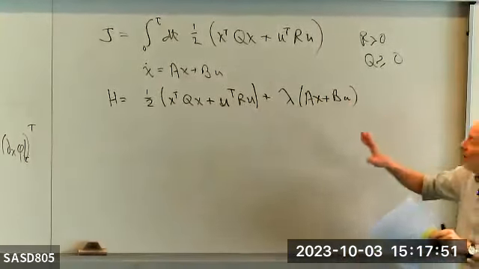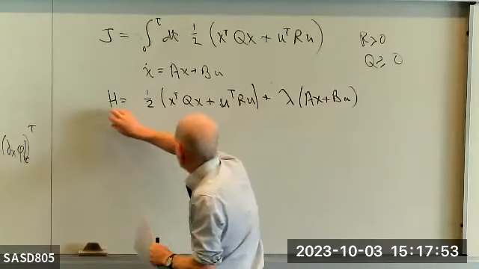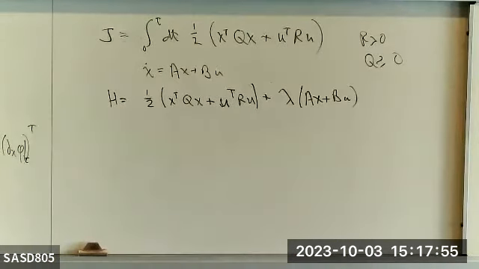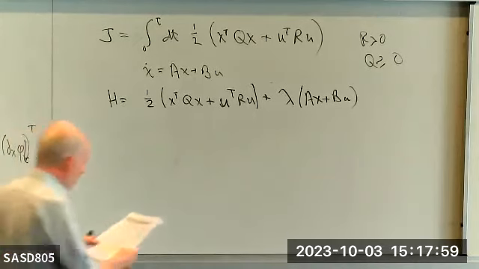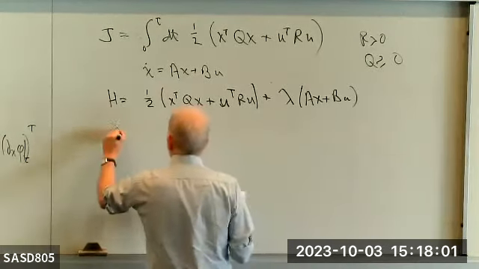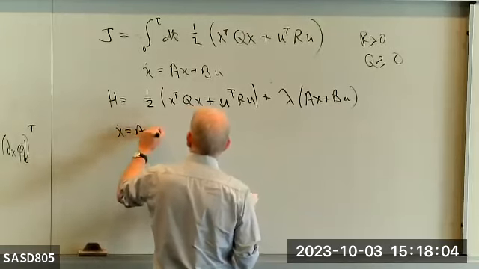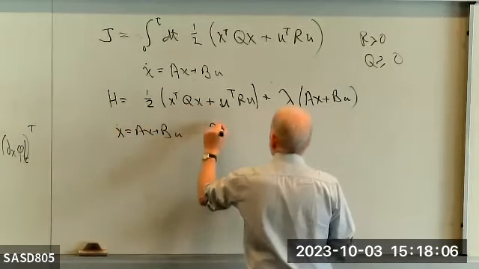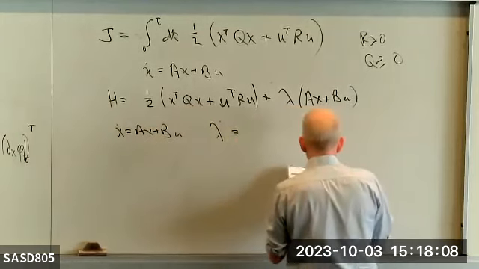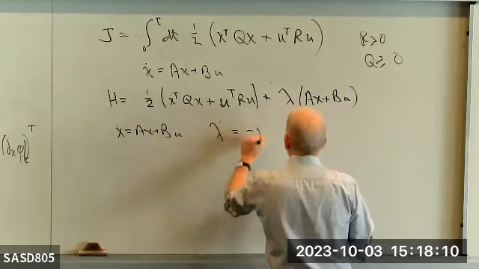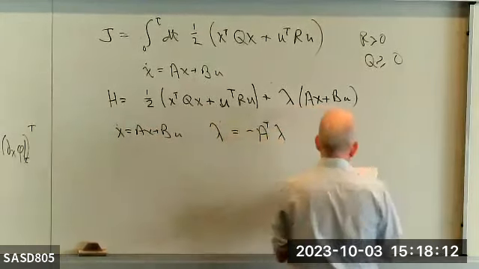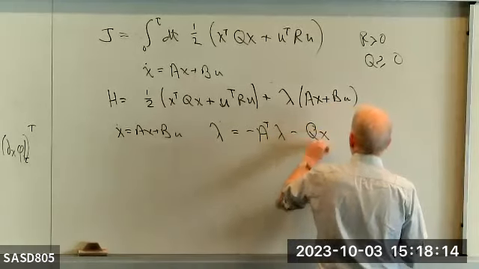Okay, so right away we have our Hamiltonian, and so we can just put in these equations here. They give x dot equals Ax plus Bu, and then lambda dot is minus A transpose lambda minus Qx.